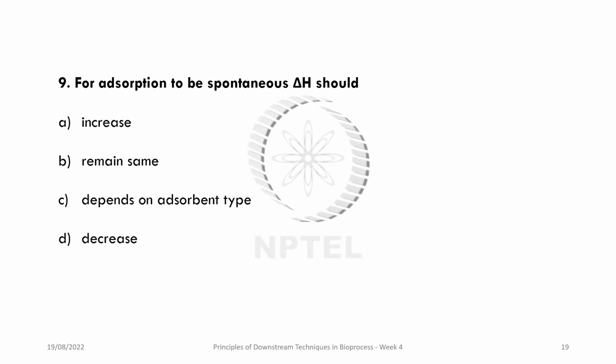For adsorption to be spontaneous, delta H should, we just answered that question in the previous one, right? Should it A increase, B remain same, C depends on adsorbent type, or D decrease? So delta G is delta H minus T delta S. So for it to be spontaneous, this is going to be negative. So think about it.